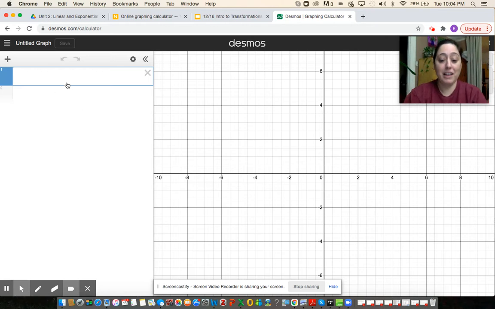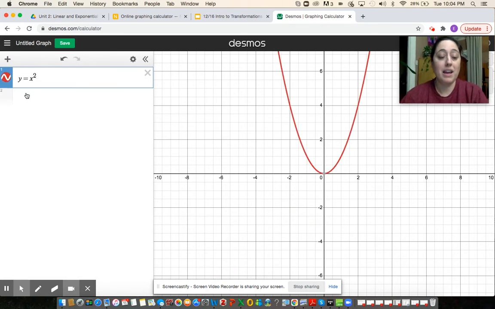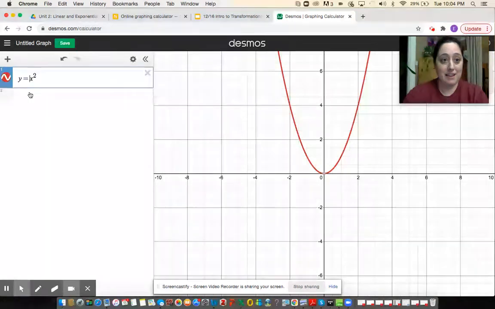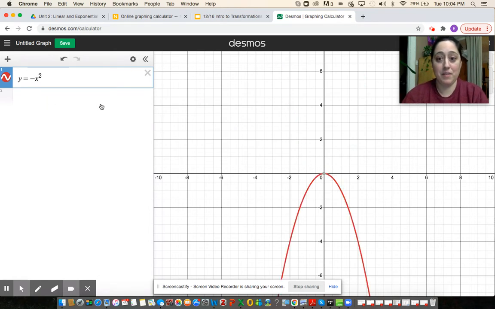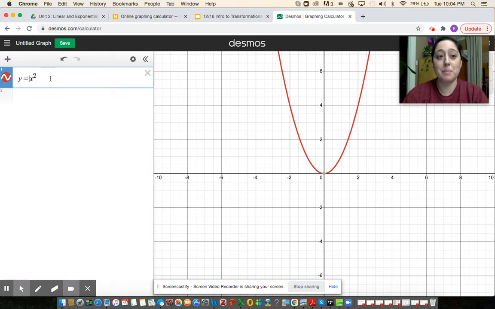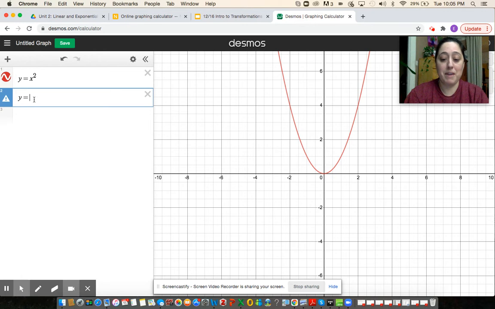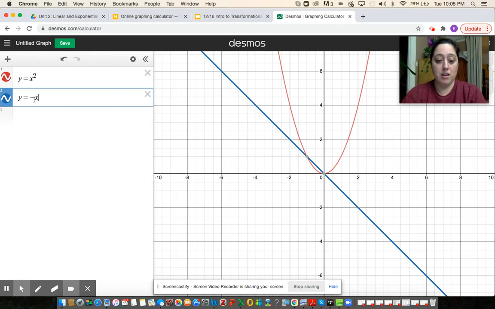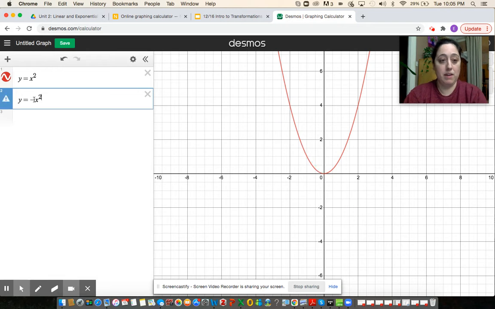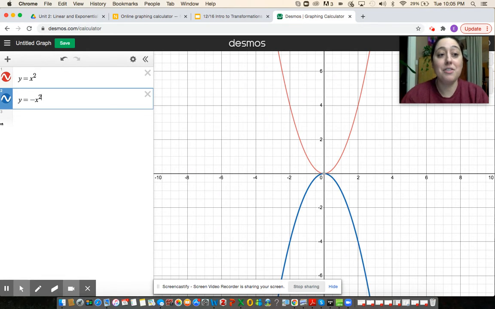If I have y equals x squared, and I make that a negative, it flips. Let me keep that. The red is the parent function, and now I'm going to make it negative x squared.